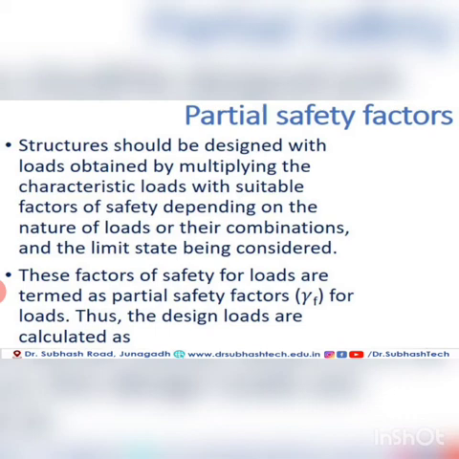For concrete, partial safety factor 1.5 and for steel 1.15 as per IS 456:2000 page number 68. And values for different load combinations are given in IS 456 page number 68, table number 18.